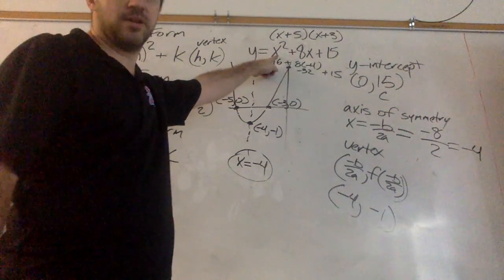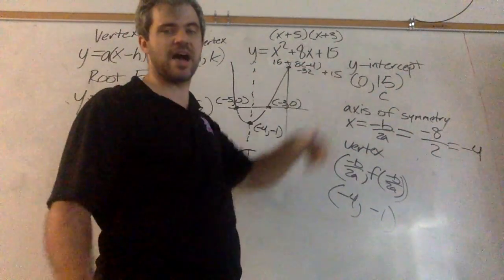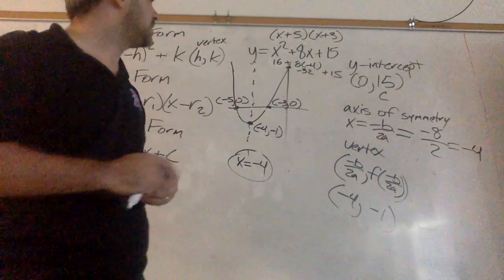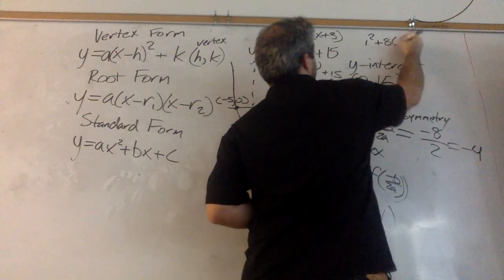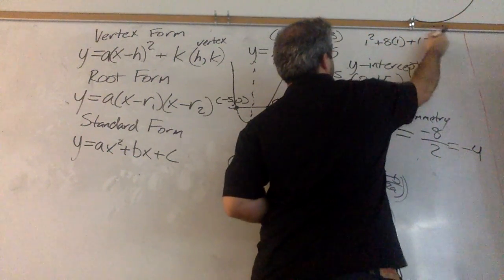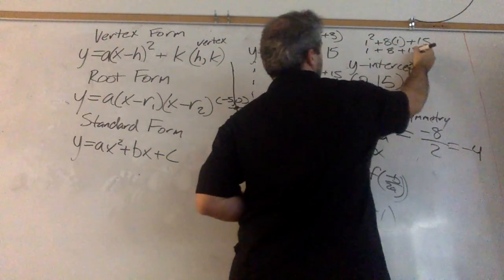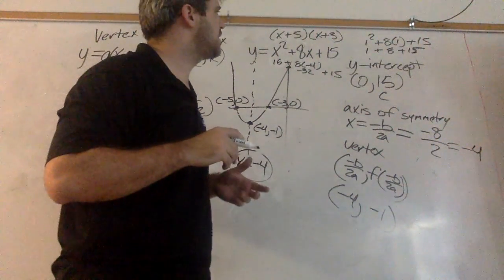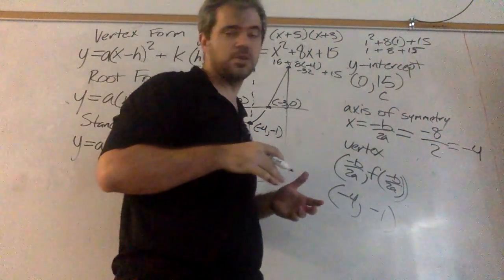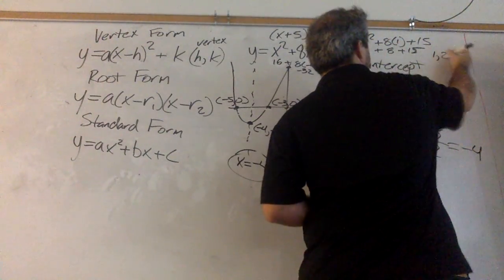If we plug in 1, okay, 1 squared plus 8 times 1 plus 15, 1 plus 8 plus 15. Oops. So 9 plus 15, that's 24. So 1, 24 would be a point.